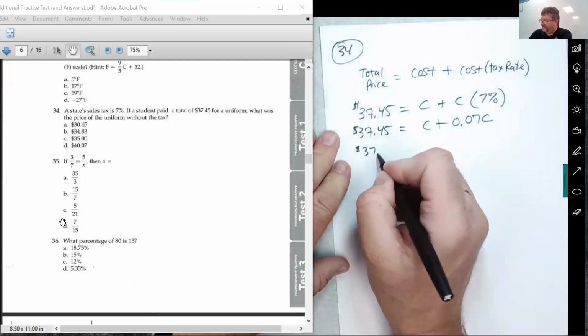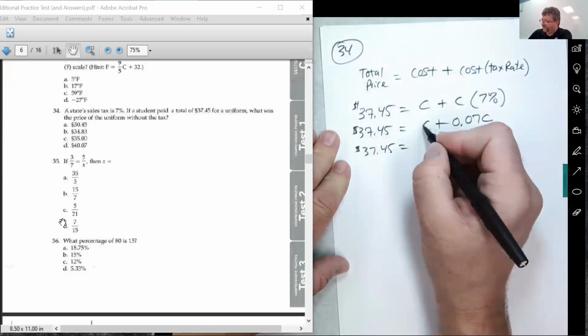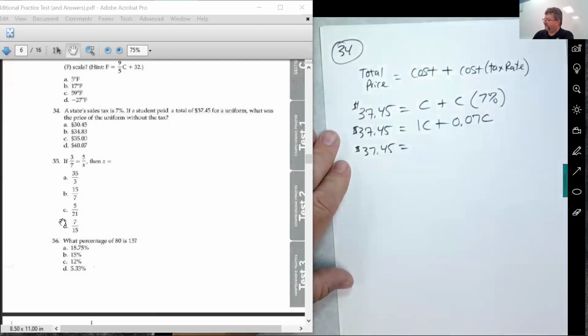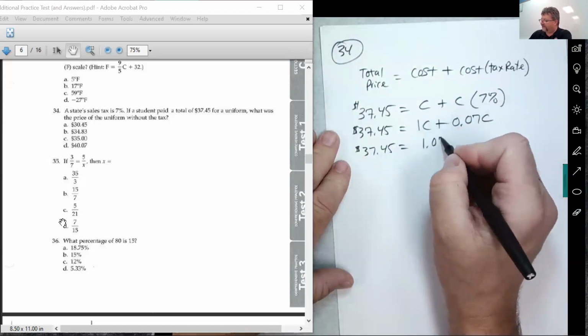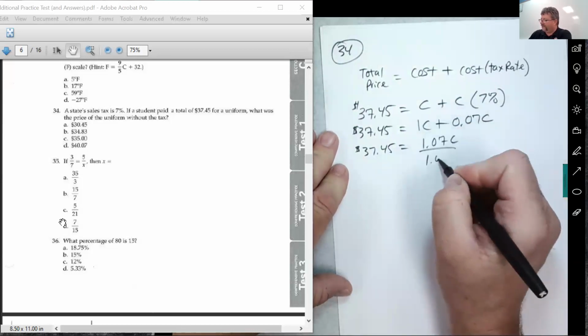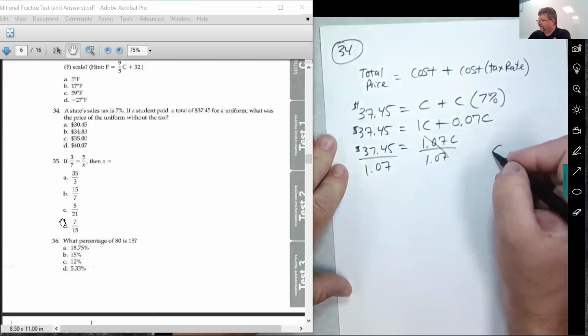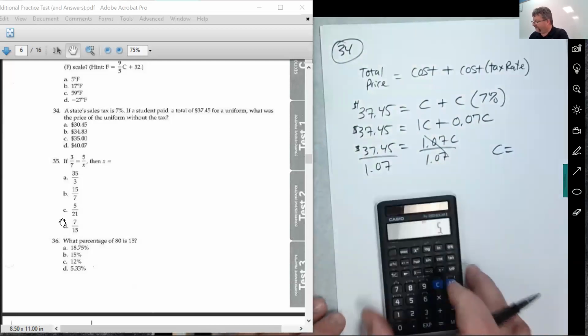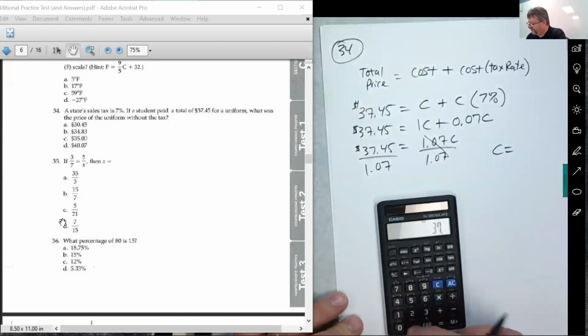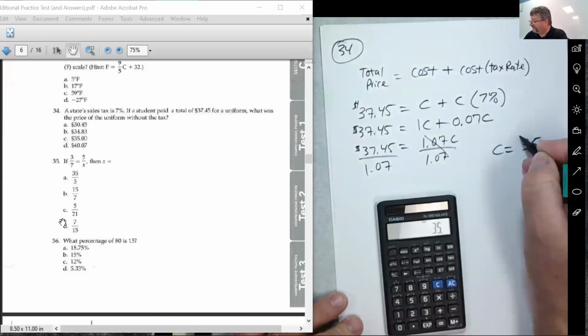So 37.45 equals, that's really a good old 1 in front of there, right? So it's 1.07 C. Divide by 1.07 on both sides. And I will get my cost now before tax. I'm going to take 37.45 and divide it by 1.07. I'm going to get $35.